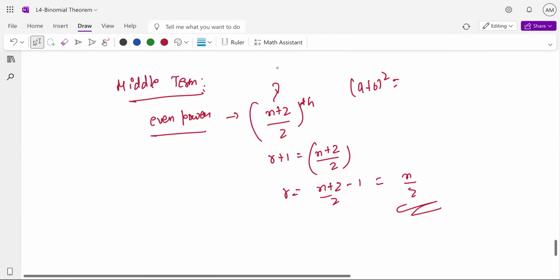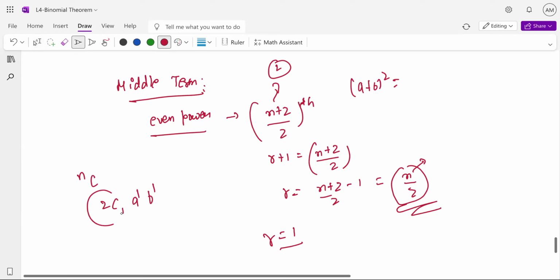It comes out to be 2. So in this method, what does my r come out to be? 1, sir. Yes, it is 1 itself, right? I can put the value nC1 a to the power 1 b to the power 1, and this value comes out to be 2. Yes, sir. Got the answer, right?